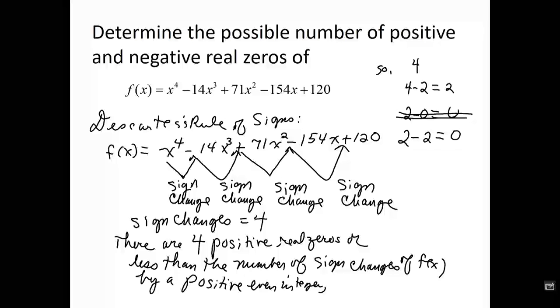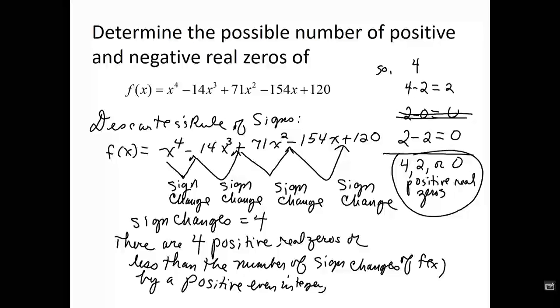So therefore, by Descartes' rule of signs, the function f of x has 4 sign changes, and 4, 2, or 0 would be the possible numbers of positive real zeros.